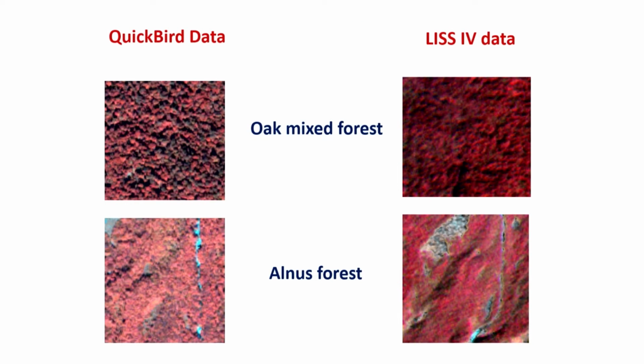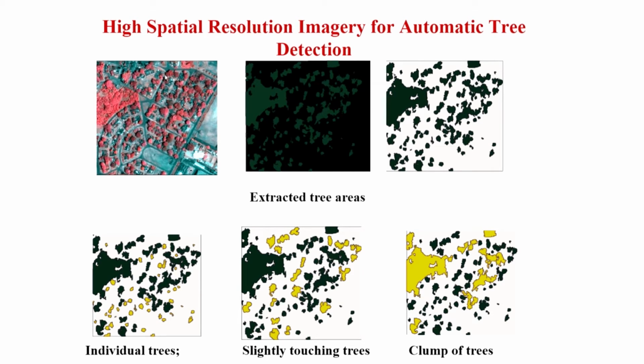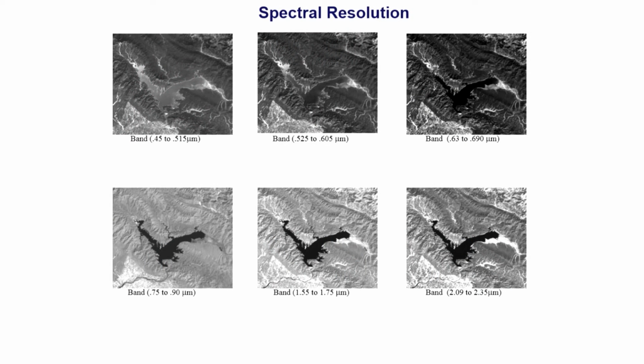And using very high resolution data sets, I can extract the tree areas. I can extract individual trees which are joined together, or a clump or group of trees, using automated measures, using image processing approaches, from very high resolution satellite data sets.